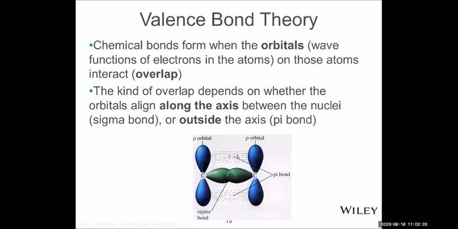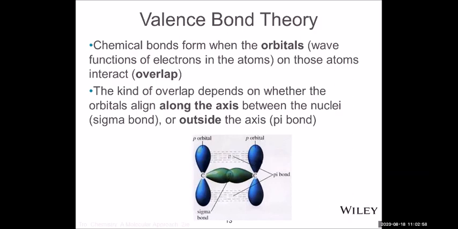The other very important bonding is the pi bond. A pi bond is between 2 p orbitals. When the 2 p orbitals are parallel to each other, the wave functions, or the orbitals, have sideways overlap. This overlap is much weaker than the sigma bond overlap, because most electrons of the p orbital are here and here, so the actual overlap is relatively poor.